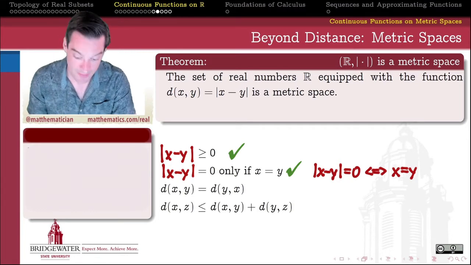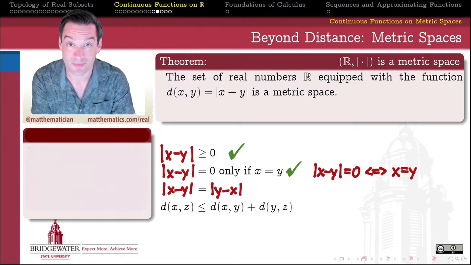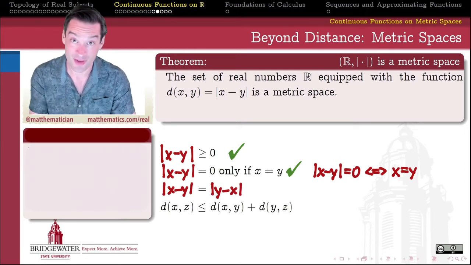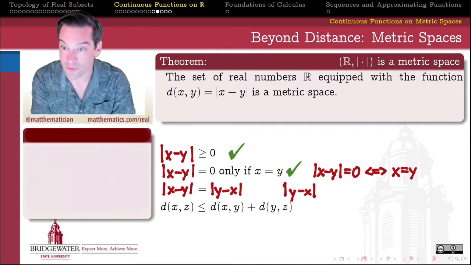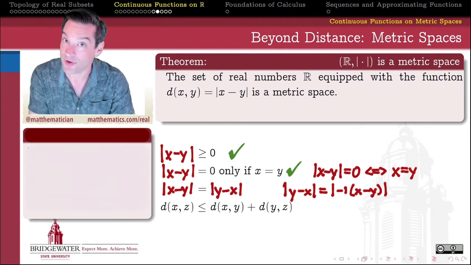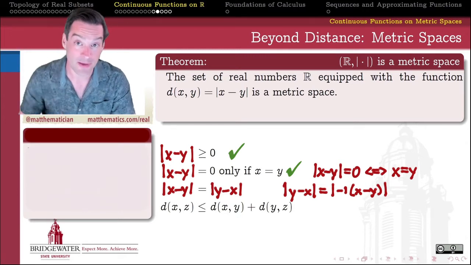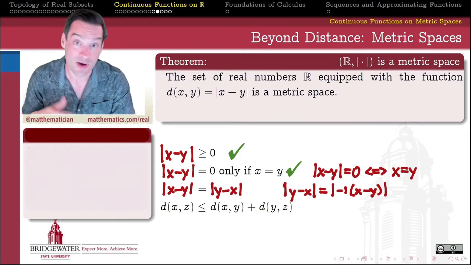How about symmetry? Is it true that the distance between x and y is the same as the distance between y and x? Is the absolute value of x minus y the same as the absolute value of y minus x? Well, sure. What is the absolute value of y minus x other than the absolute value of -1 times the quantity x minus y? And we happen to know, from our properties of absolute value that you learned back in algebra, that the absolute value of a product is the product of the absolute values.